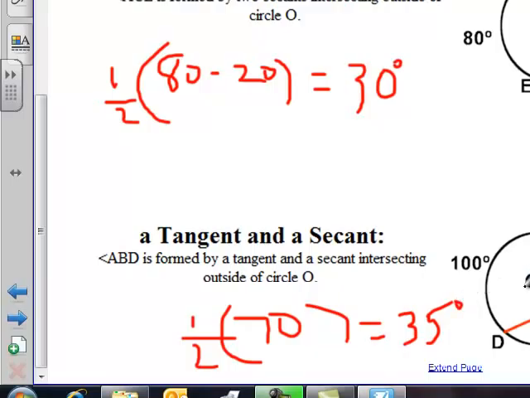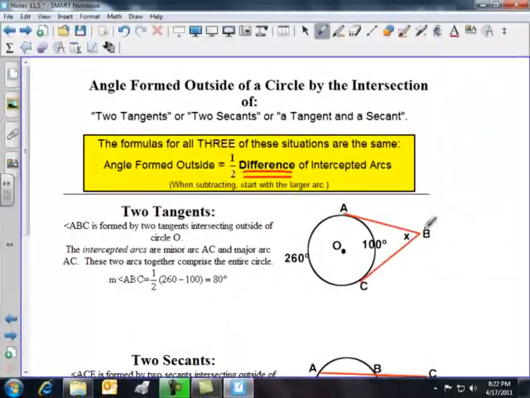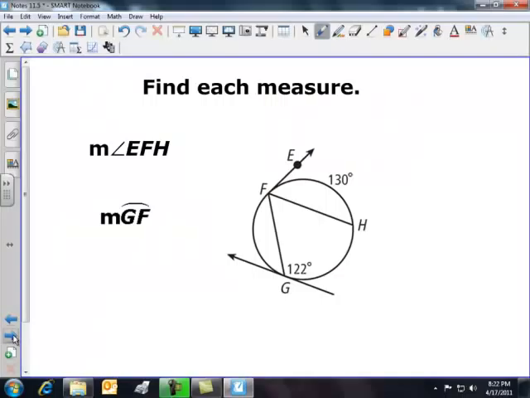Again, if the angle is inside, you're going to add these two arcs and take half of that sum. If the angle is on the outside, then you take the difference between those two. We're subtracting that. So let's apply those. If we want to find the measure of angle EFH, notice this is set up pretty nicely. Angle EFH is right there. The measure of its intercepted arc is 130 degrees.